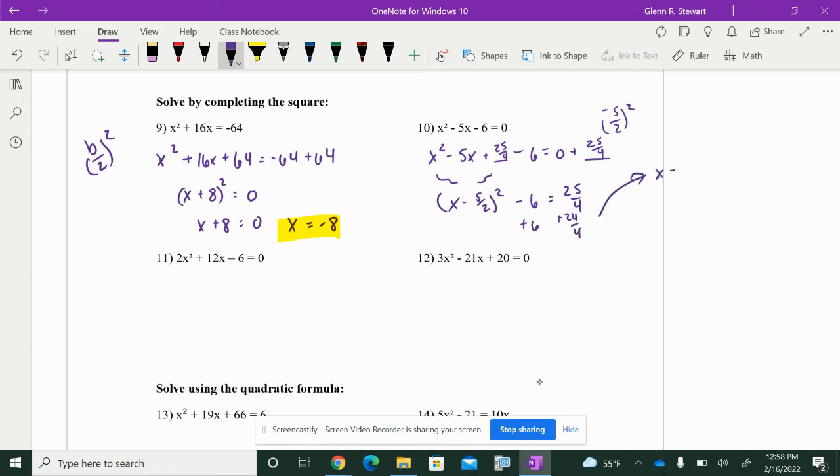So then I get x minus 5 over 2 squared equals 49 over 4. I square root that, I get x minus 5 over 2 is equal to plus or minus 7 over 2. x is equal to 5 over 2 plus 7 over 2, which is 12 over 2, or 6. Or 5 over 2 minus 7 over 2, which is negative 2 over 2, or negative 1.